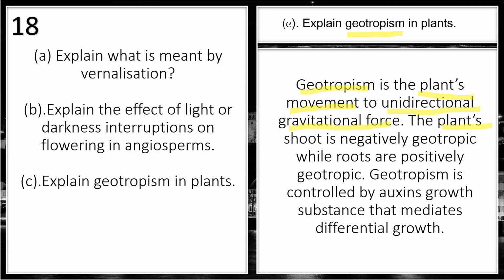The plant's shoot is negatively geotropic, while the roots are positively geotropic. Geotropism is controlled by auxin. These are growth substances that mediate differential growth.